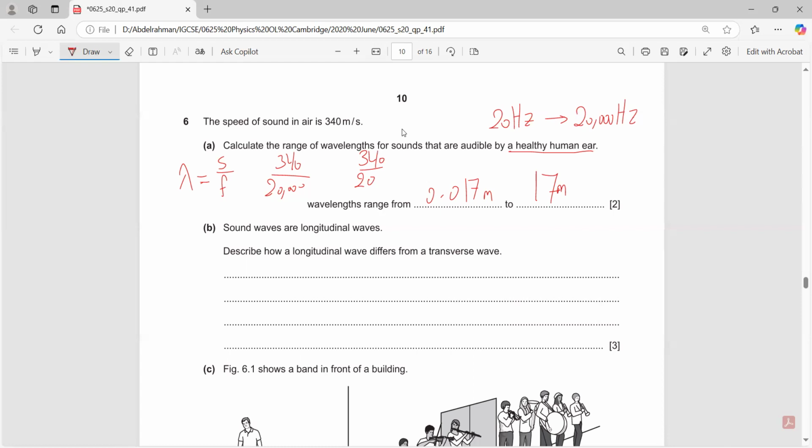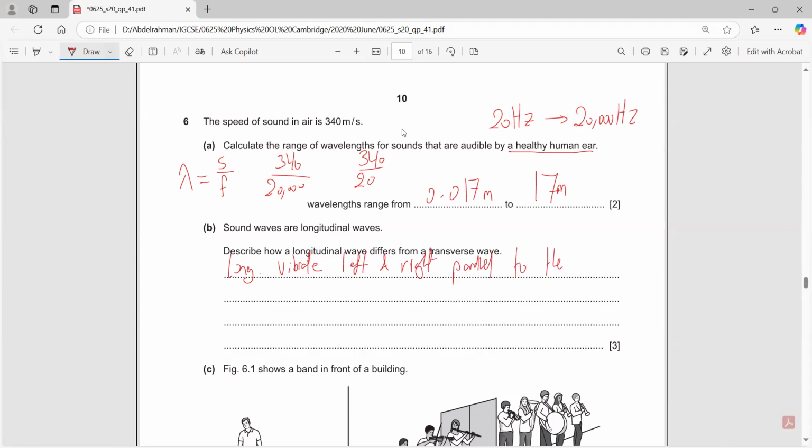Let's write it down. Longitudinal waves vibrate left and right, parallel to the energy motion, while transverse waves vibrate up and down, perpendicular to the energy motion.